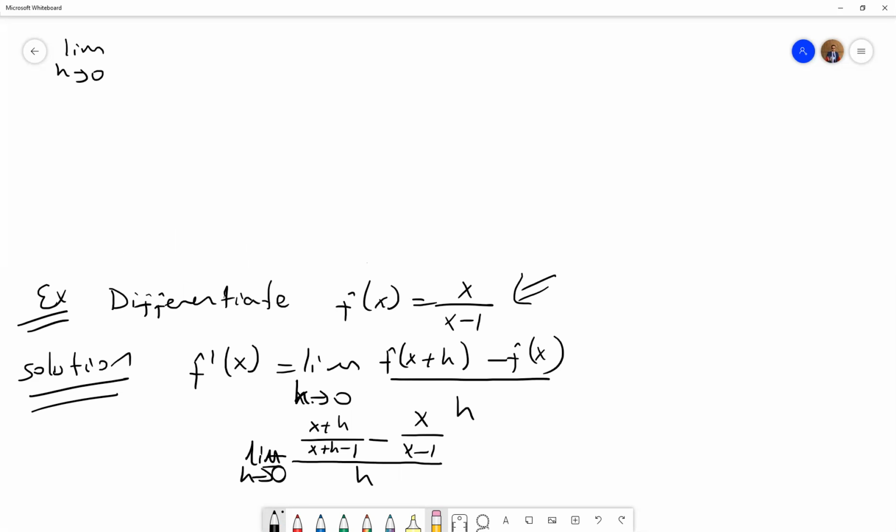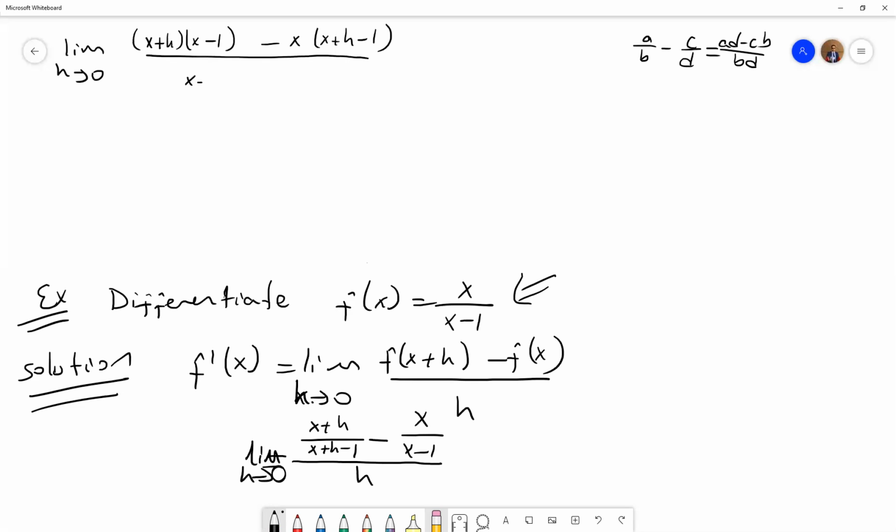And now we know that A over B minus C over D is equal to AD minus CB over BD. So we can write that (x plus h)(x minus 1) minus x multiplied with (x plus h minus 1) over (x plus h minus 1)(x minus 1) and multiplied with h, of course.